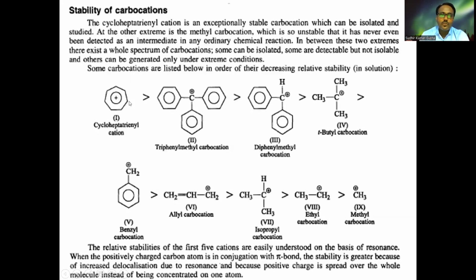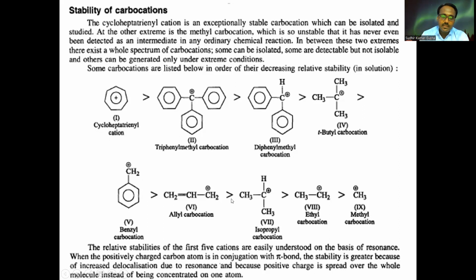Now, if you go for the stability, the order of stability of carbocations is shown over here. The methyl carbocation is the least stable. More stable is the ethyl carbocation because of the increased plus I effect of the CH3 group. The next is the isopropyl carbocation, because it has two methyl groups attached to it, as compared to the ethyl carbocation, which has only one CH3 group.